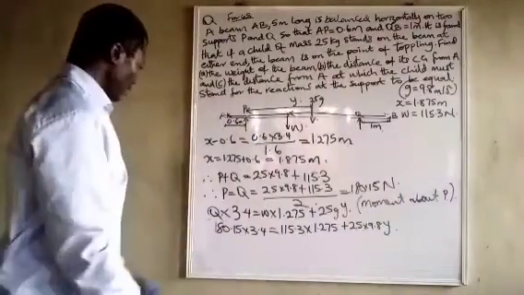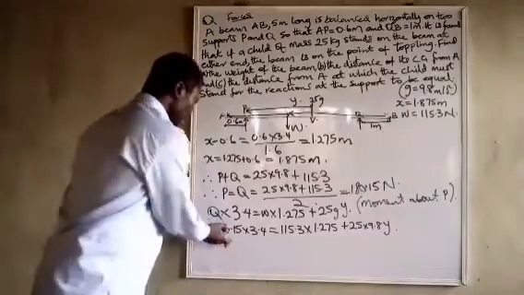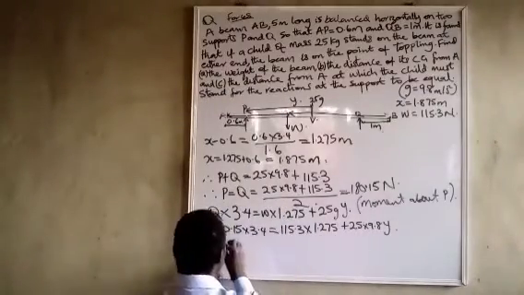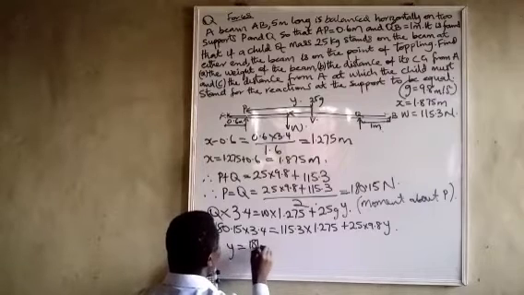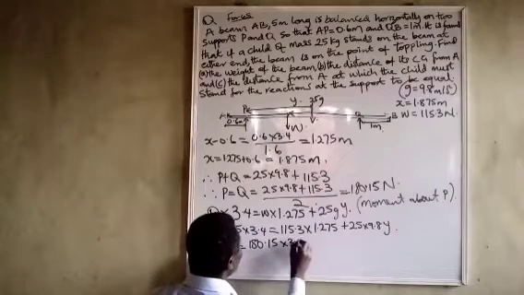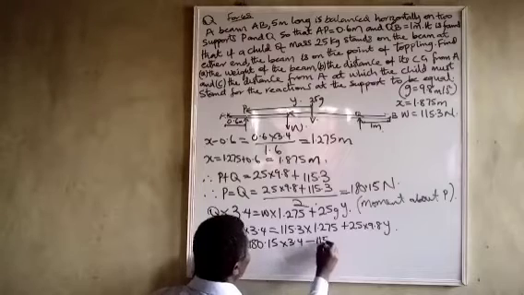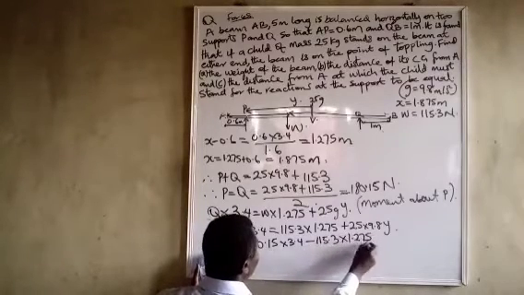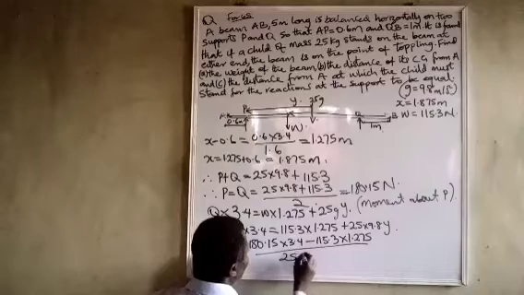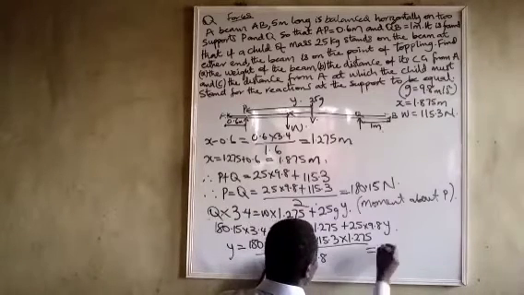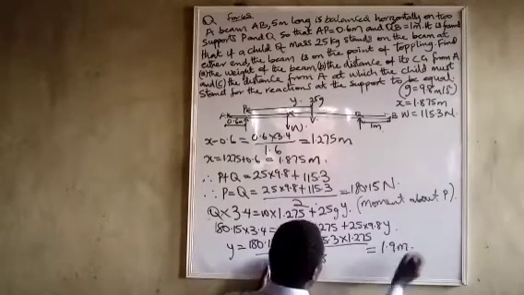The moment about P. So it gave us this from here, and 115.3 times this. Therefore, Y is equal to 180.15 times 3.4 minus 115.3 times 1.275 over 25 times 9.8, which is equal to 1.9 meters.